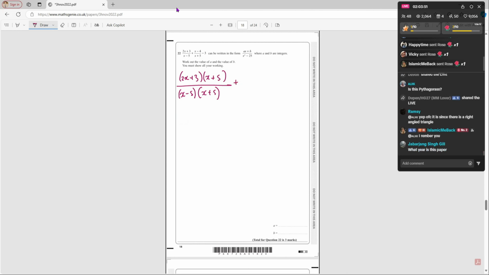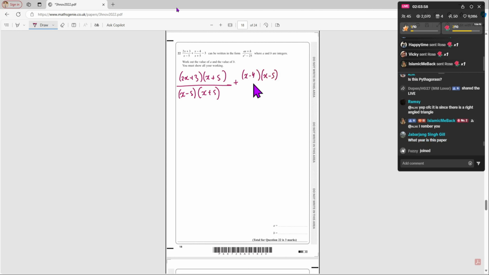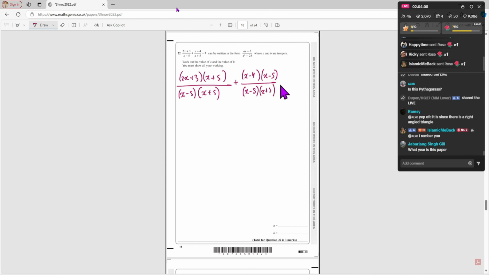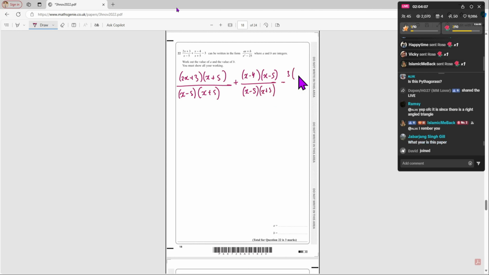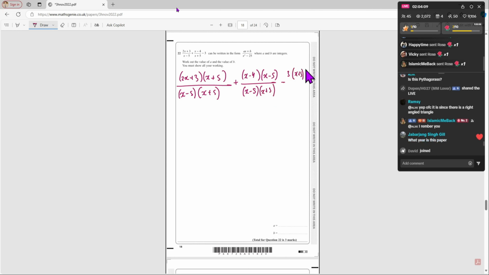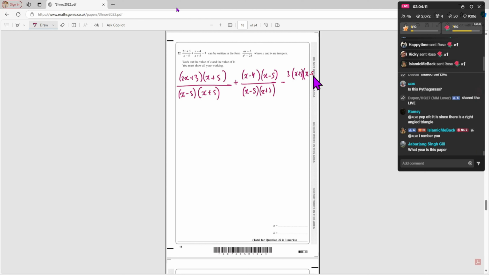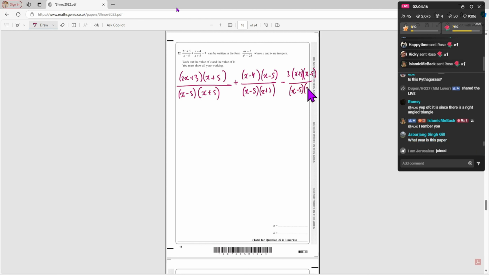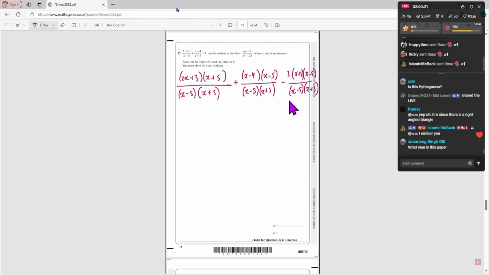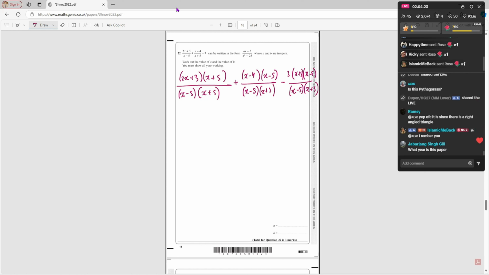And then plus x minus 4, then x minus 5, over x minus 5 and x plus 5, minus 3 and then x plus 5, and then x minus 5 over x minus 5 and x plus 5. So basically what we did is that we just made them a common denominator.